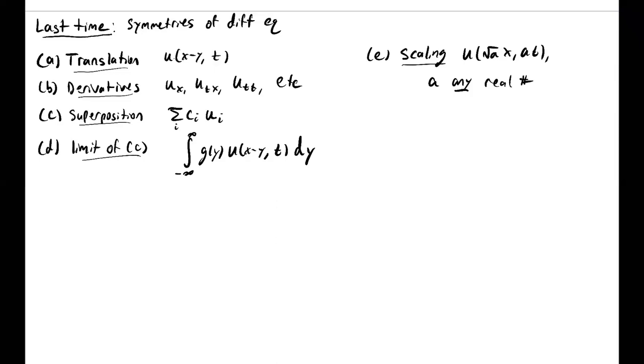The next symmetry was the superposition principle, which is a consequence of the linearity of the equation, which tells you that if you take any linear combination of solutions, so here each u_i is some different solution to the diffusion equation and the c_i are constants, then this linear combination will give you another solution.